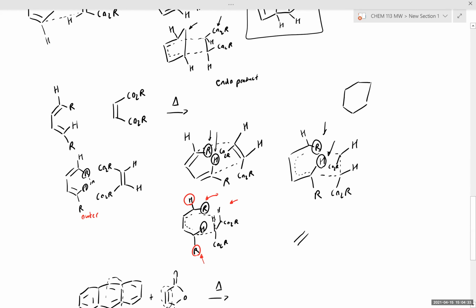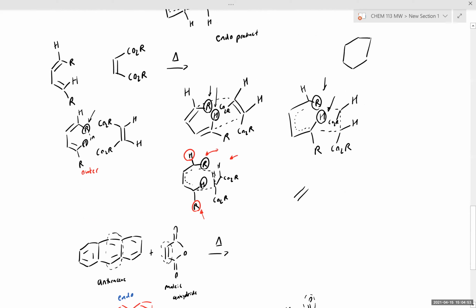Well, as a general rule of thumb, you can separate and you can look at both the inner and outer alkyl groups on your alkene. Now, to help you visualize this from a side-on perspective, I tried to draw one of the side-on perspectives here.